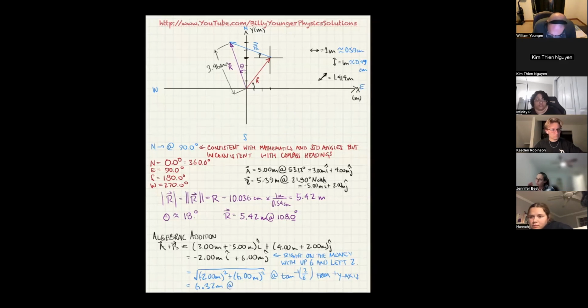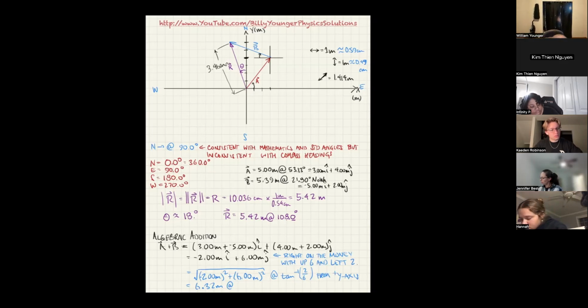And now I'm going to say it's at, if I take the inverse tangent of 2/6, I think that's the same number we had. That gives me 18.4 degrees. So that's really close. I measured that angle to be 18 degrees. This measured it at 18.4 degrees, so that's not bad.